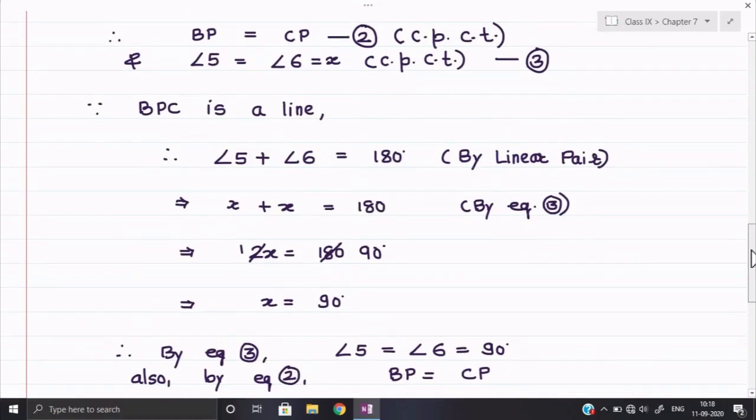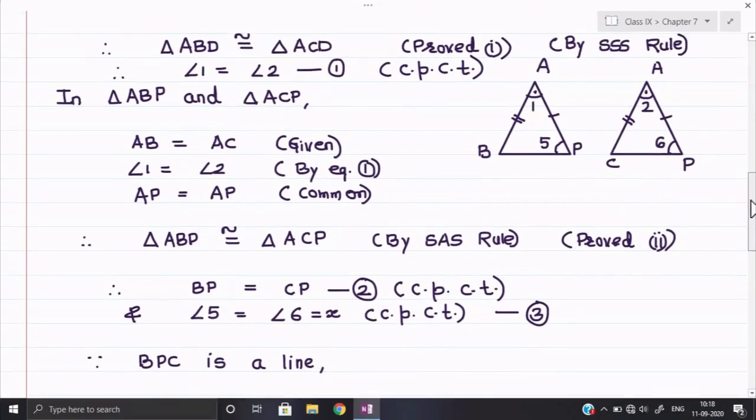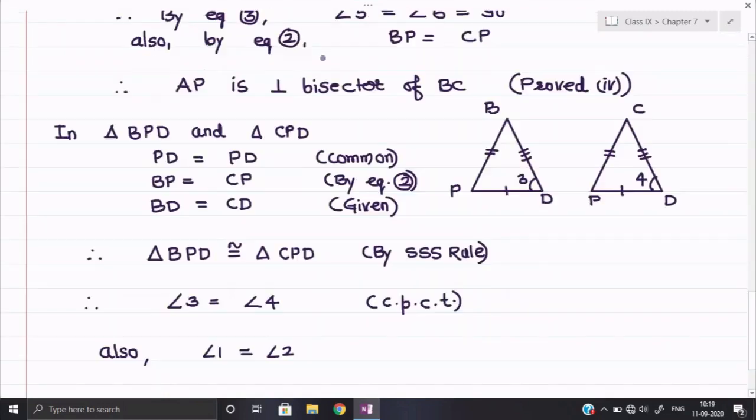Let us check the first equation. Yes, look at the equation number 1. Okay, in the equation number 1 you observe here I have mentioned angle 1 is equal to angle 2, right? So here we shall write down angle 1 is equal to angle 2 by equation 1.